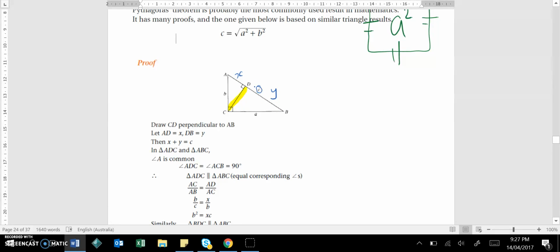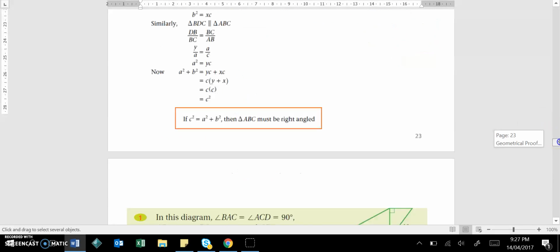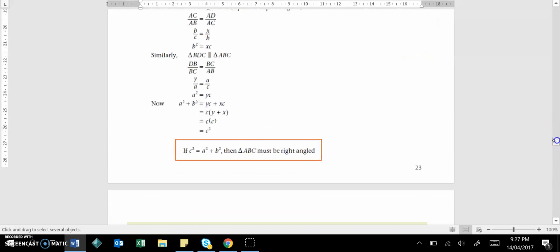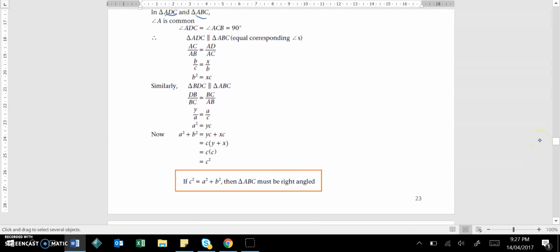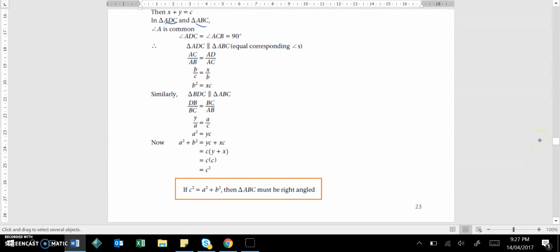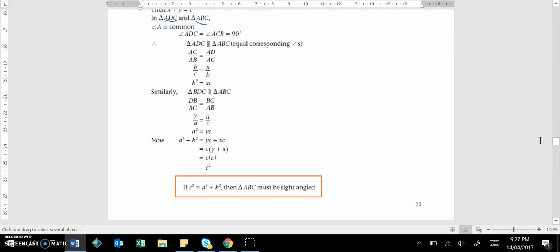Then we prove that triangle ADC and ABC are similar. ADC is this triangle here, and ABC is the other one, not shaded. We do that by using a similar triangle proof, and that's here.